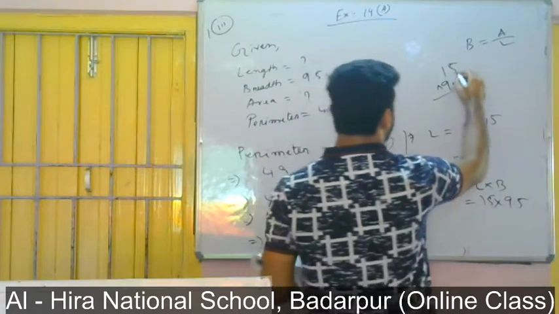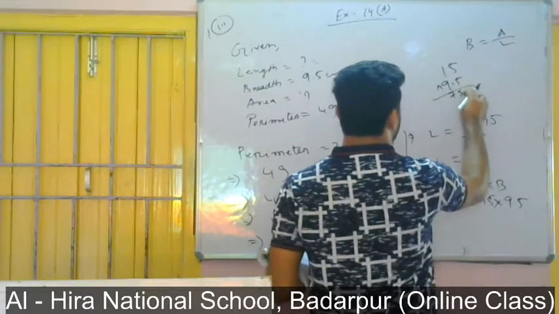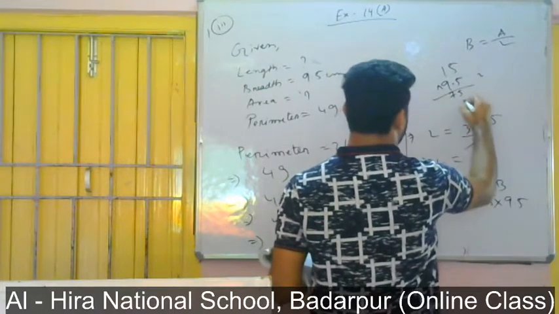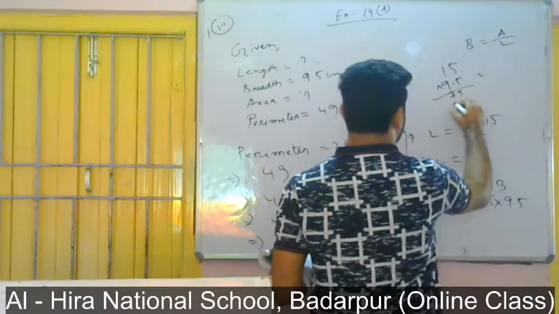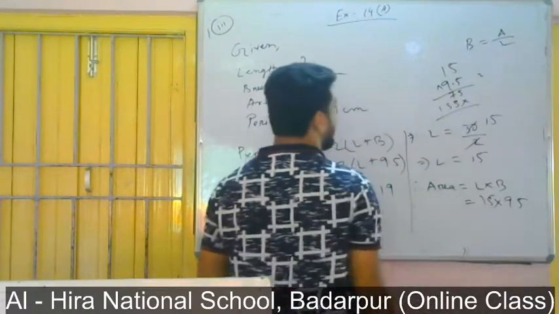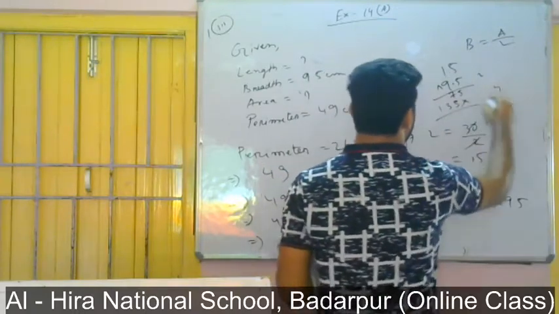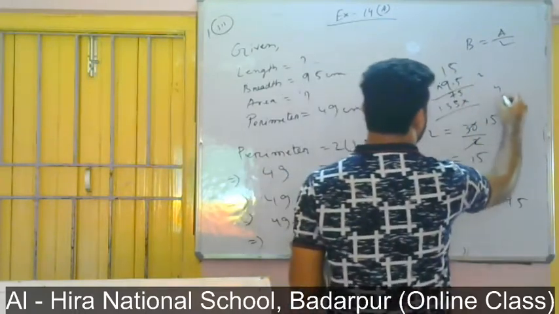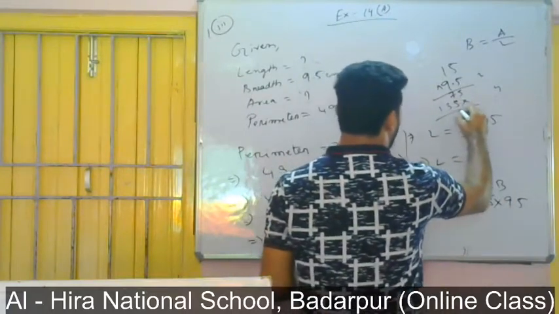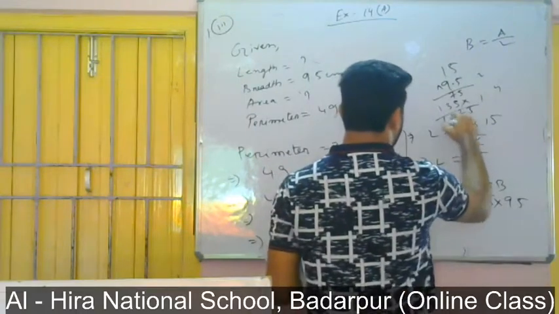5 times 5 is 25, carry 2. 5 times 1 is 5, plus 2 is 7. Then 9 times 5 is 45, carry 4. 9 times 1 is 9, plus 4 is 13. Adding, we get 5, then 7 plus 5 is 12, carry 1, then 3 plus 1 is 4, and 1.